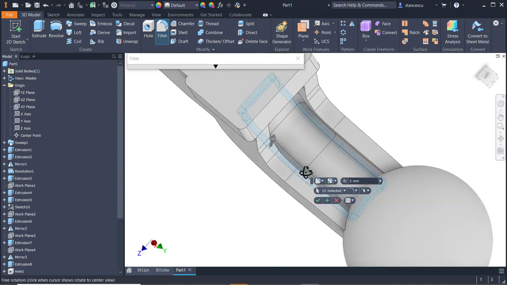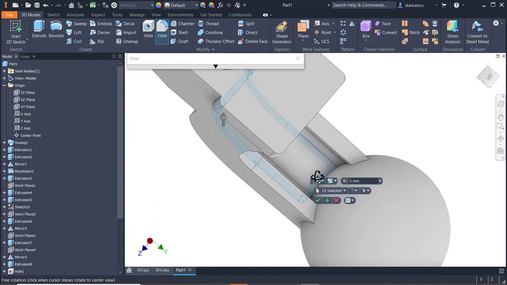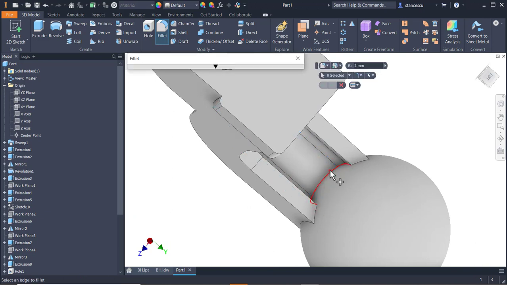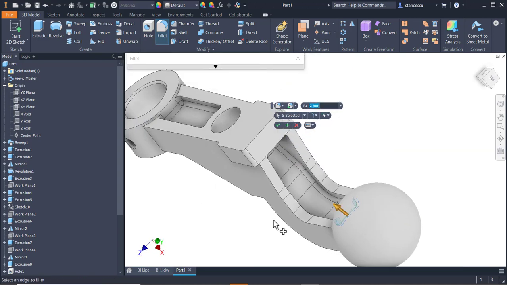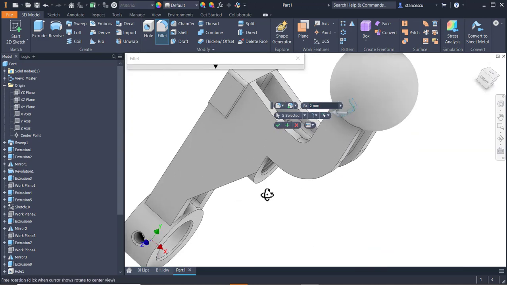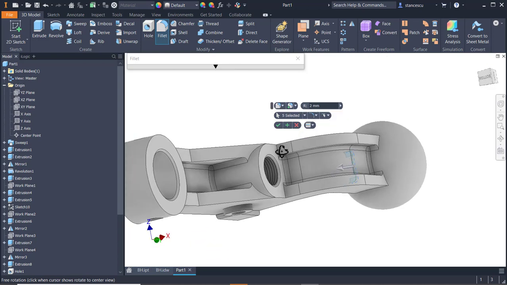What about here? Here is also forgotten this. Good. All of them are internal.